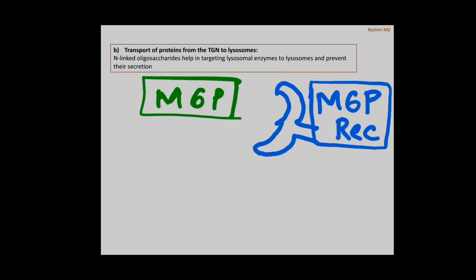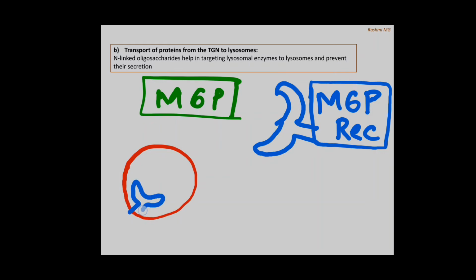So there is a transport vesicle. I'll write in a different color. The clathrin AP1 coated transport vesicle contains the M6P receptor. This is a transport vesicle.